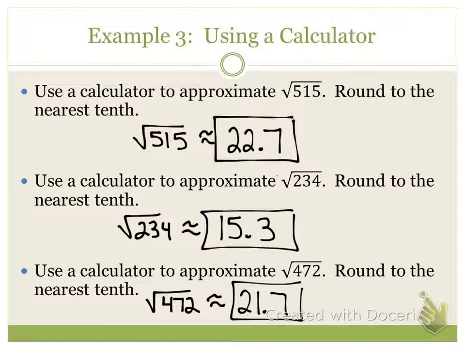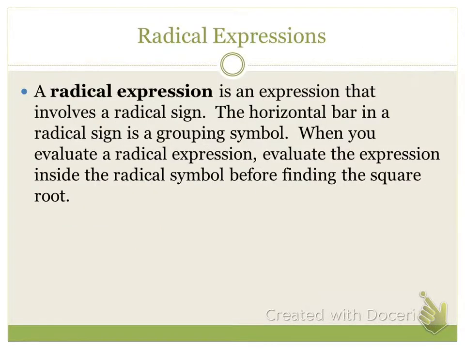All right, who got those right? Good, awesome. Okay, moving on to example 4, radical expressions. Does anybody remember what an expression is? A number, a variable, and an operation. And then we know the radical is just a square root symbol, right?